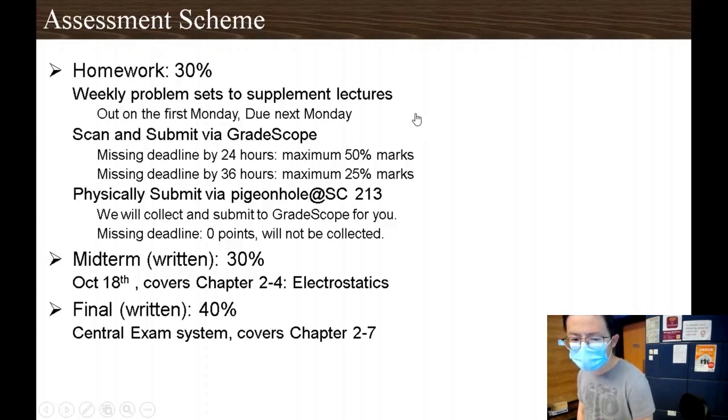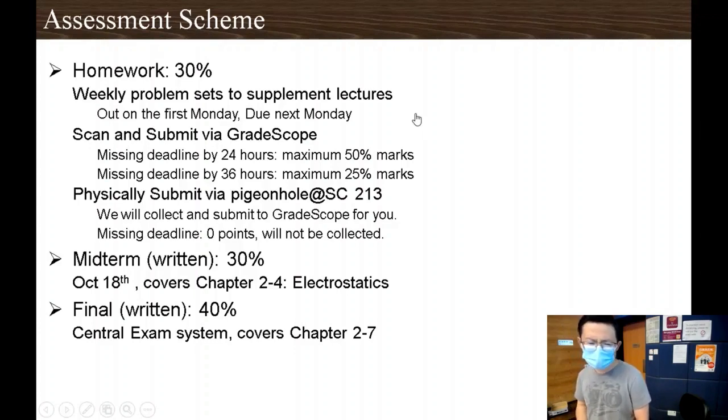I highly recommend uploading the homework through Gradescope yourself, because if you do that, you can guarantee that you uploaded the homework correctly. If you submit through the pigeonhole, you might risk losing your homework, and TAs are not supposed to be responsible for that.